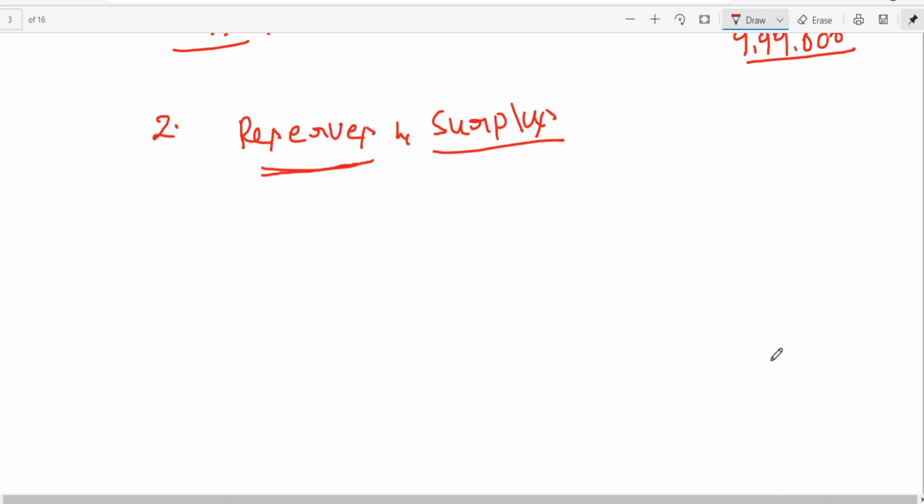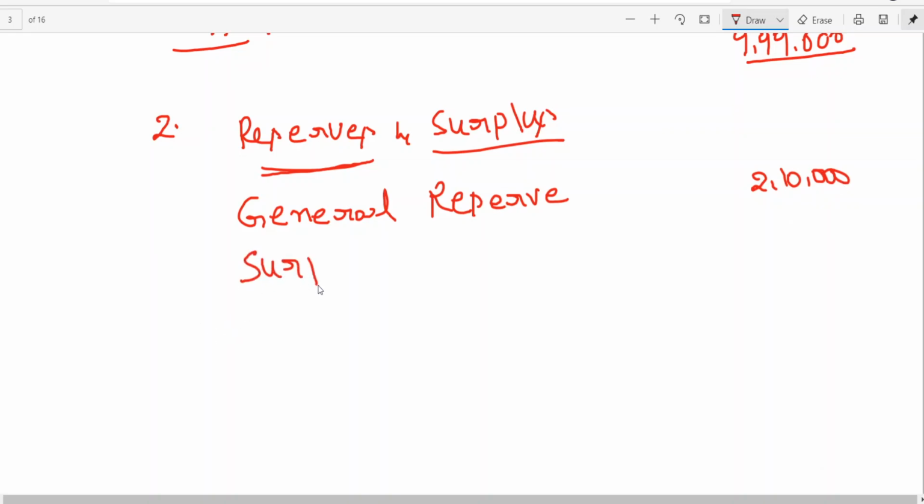So, general reserve I am writing here. General reserve 2,10,000, and then P&L account is called as surplus.